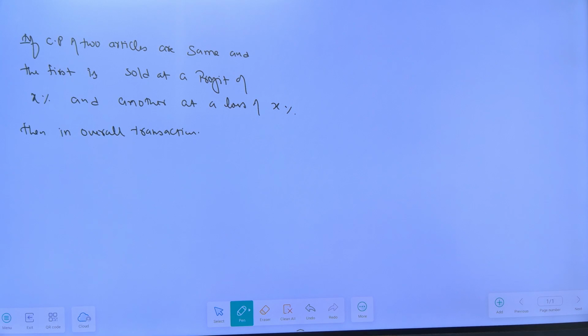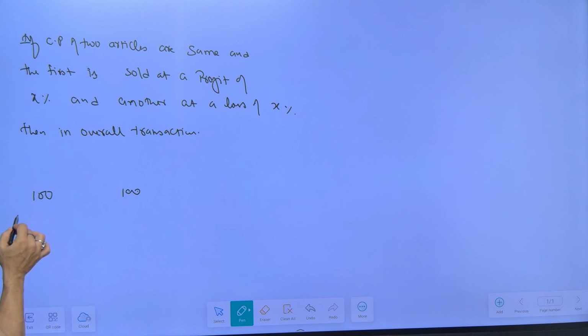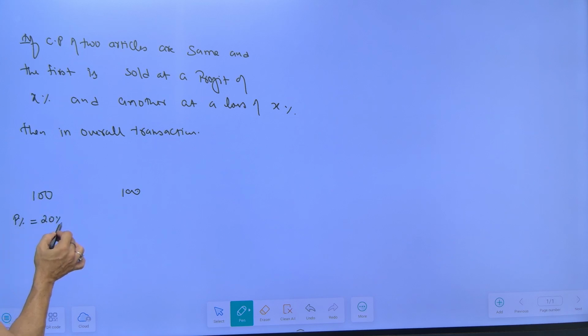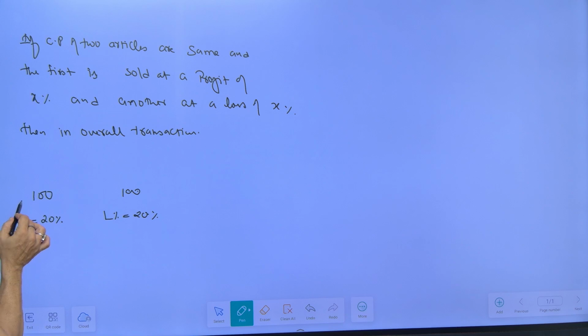Suppose X is same, 10, 10 constant, right? For example, if you purchase two articles in 100 rupees, you can take 200 also, but cost price is same. Here you made a profit of, let's say, 20%, and here you made a loss of 20%. In this case, what is the selling price? 120.